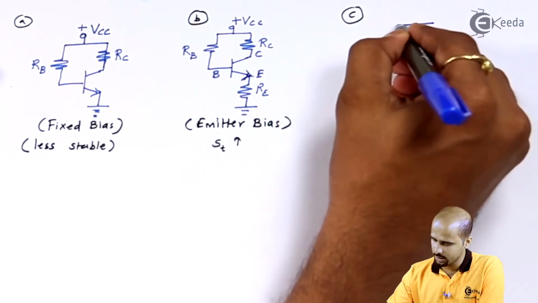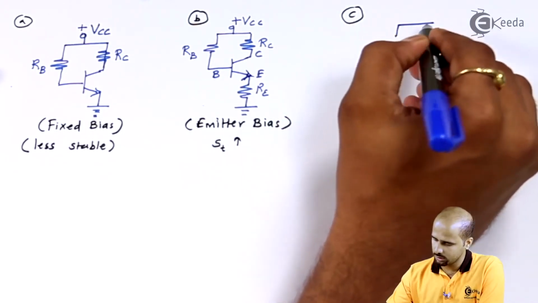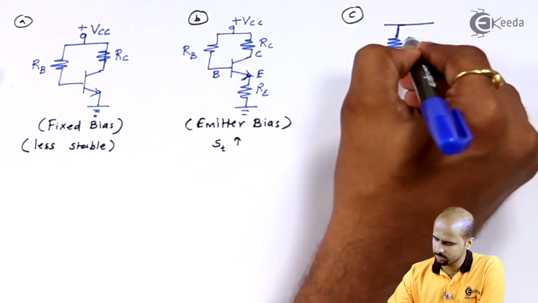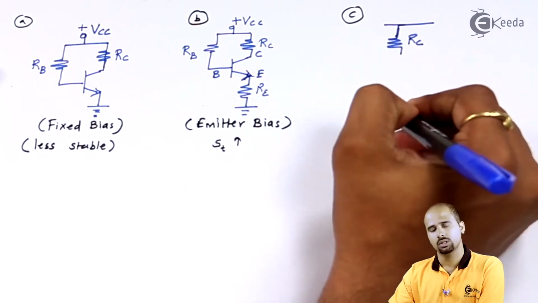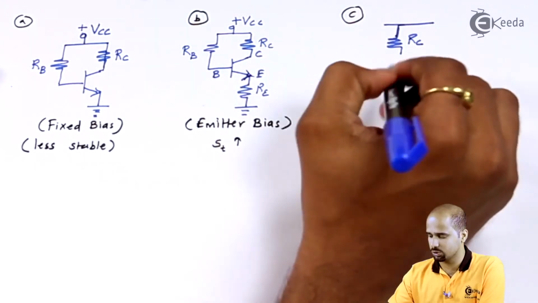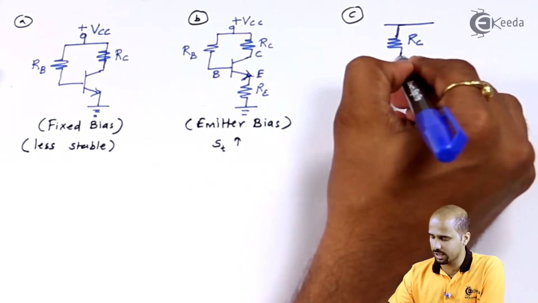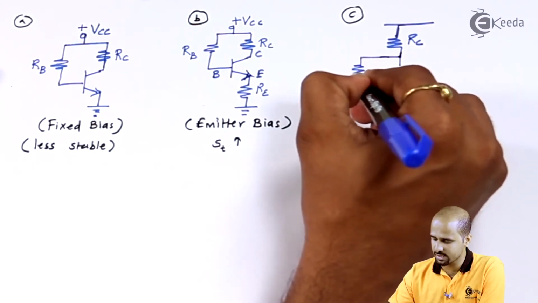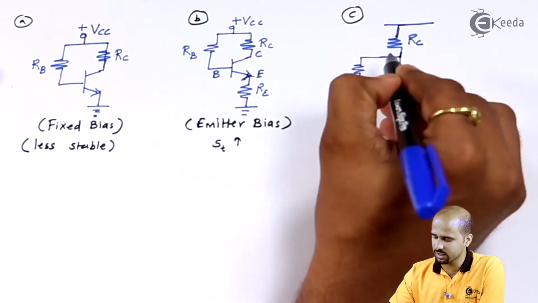So we will say here the resistance at the collector is not directly connected to the collector, but this current will get divided into two. One is at the base side and one is at the collector side.